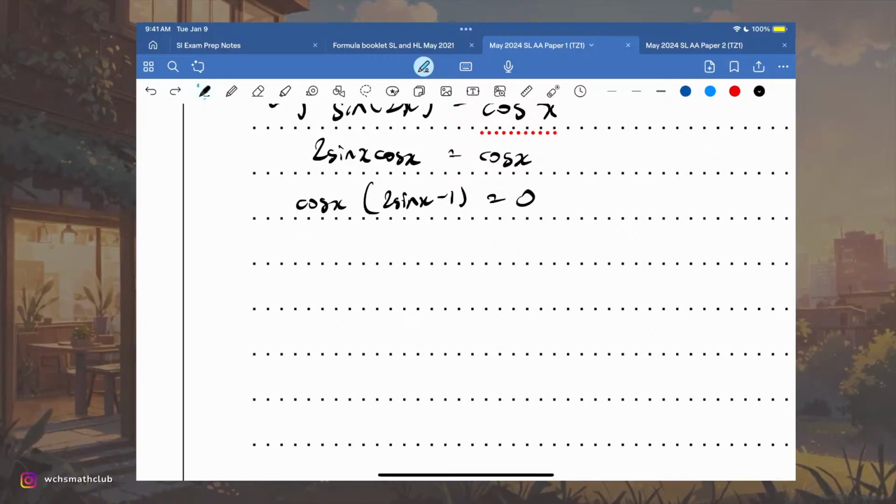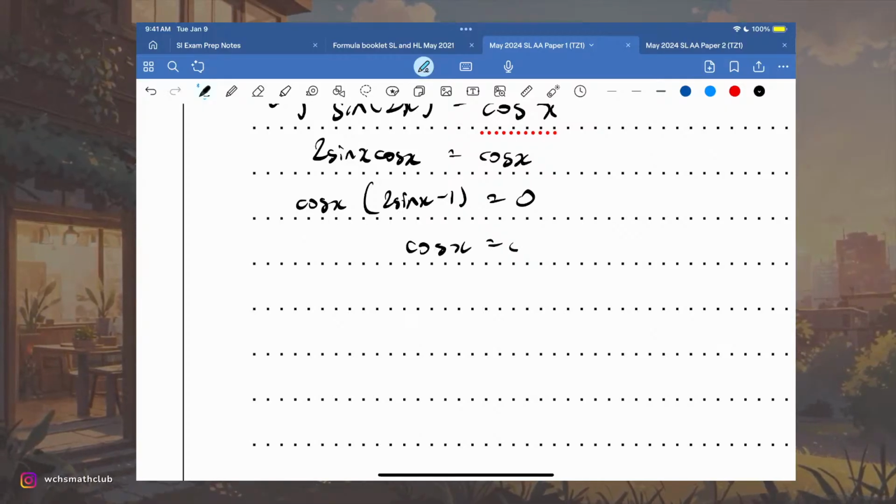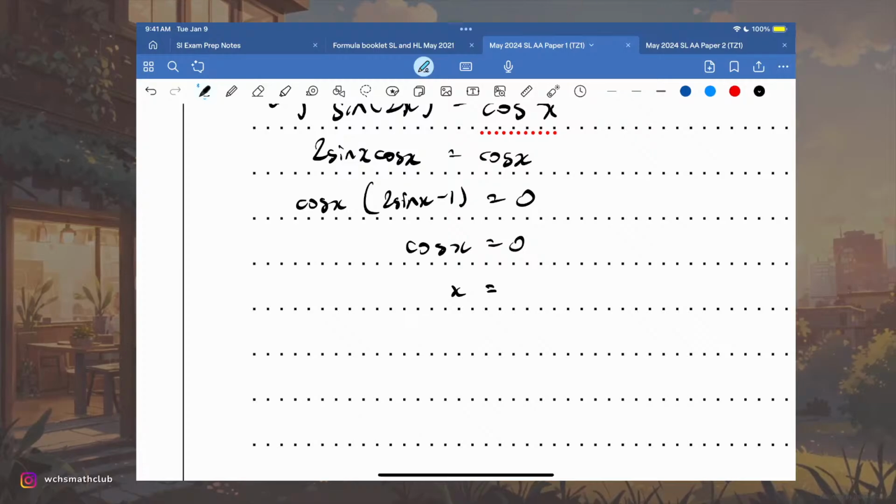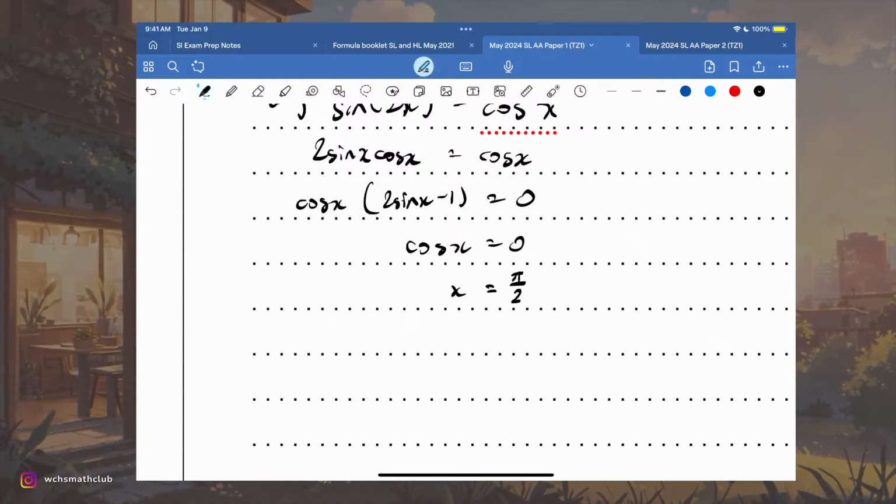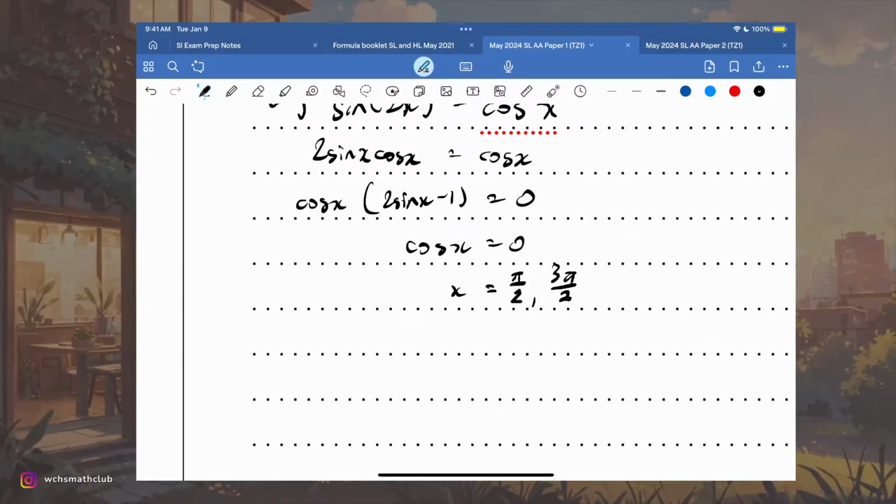Okay. So the first case is cosine x equals 0. This gives us x equals pi over 2 and 3 pi over 2. Okay, great.